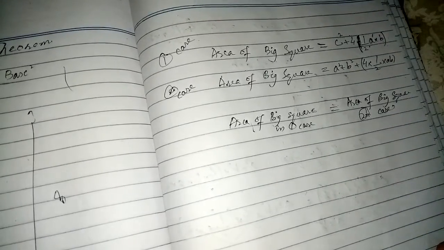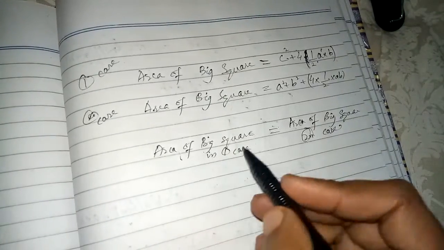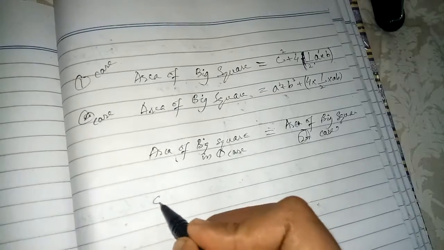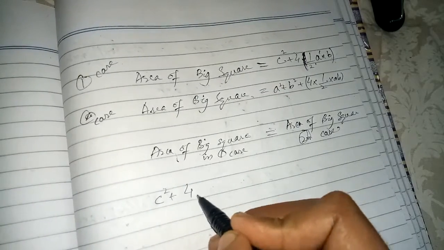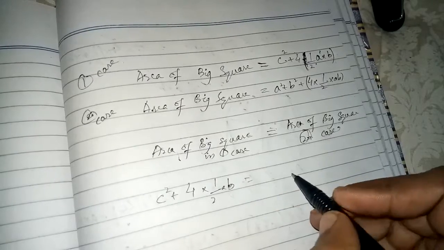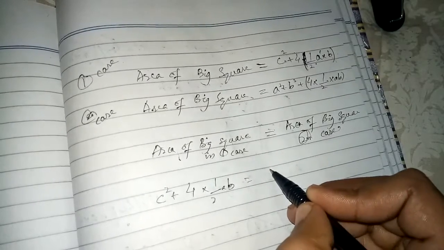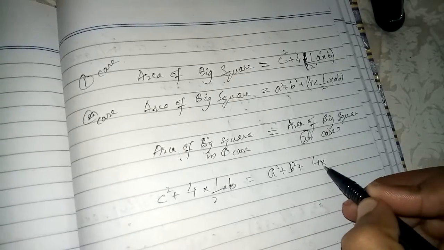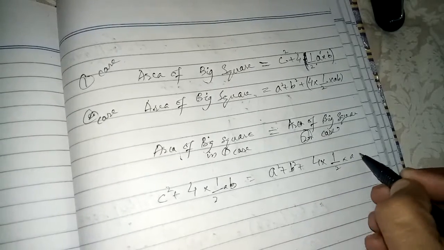Okay, so we can see that the area of the big square in the first case was C squared plus 4 times the area of symmetric triangles, and the second case was A squared plus B squared plus 4 times the area of symmetric triangles.